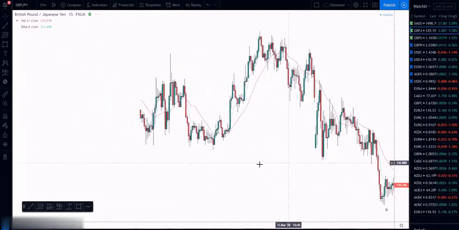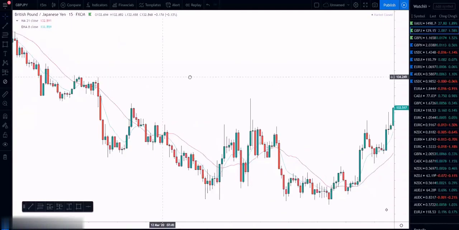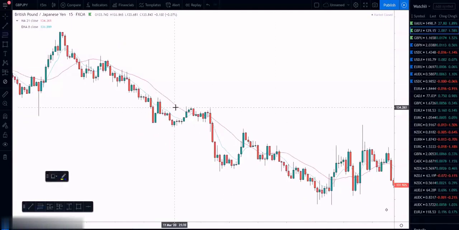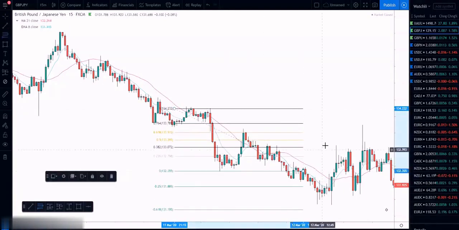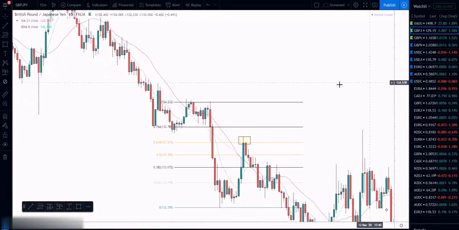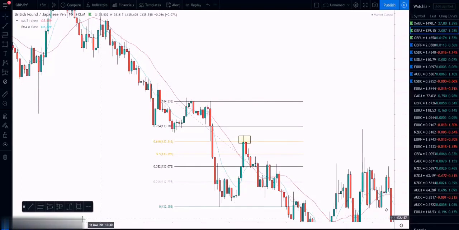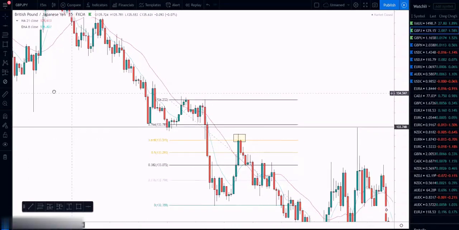Now, let's go through and see if we can find some opportunities here on GBP JPY. So right here, we have market structure being broken to the downside. We also have a rejection in that zone. It never broke through that zone. Not only that, we're also near a resistance level that used to be support.